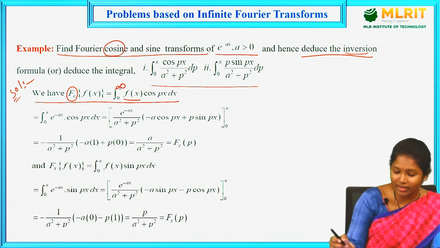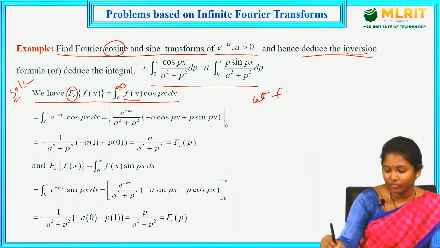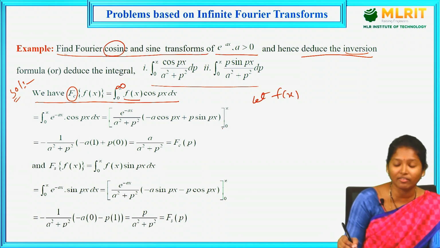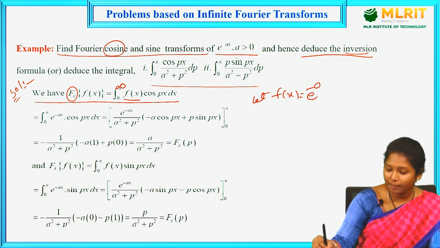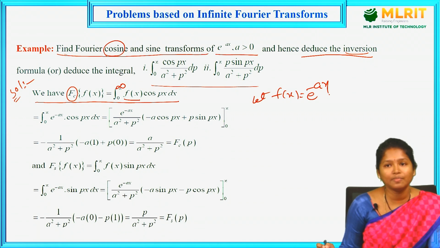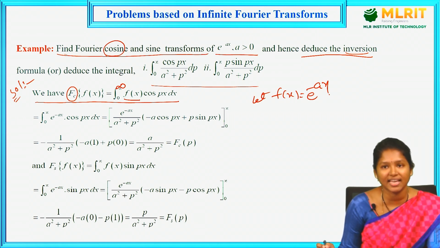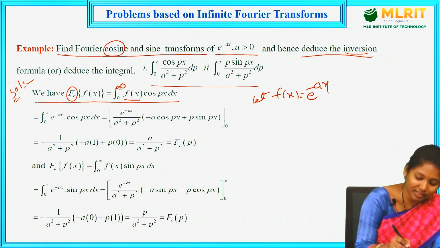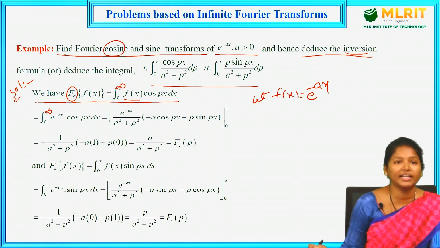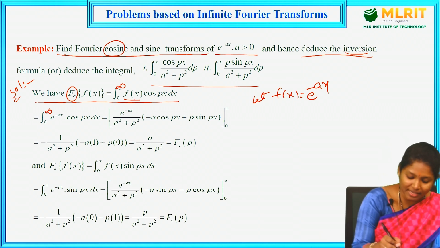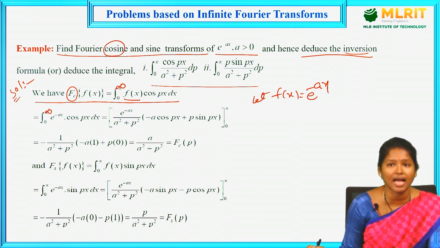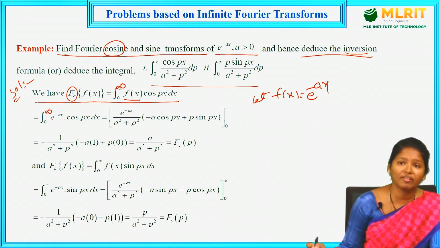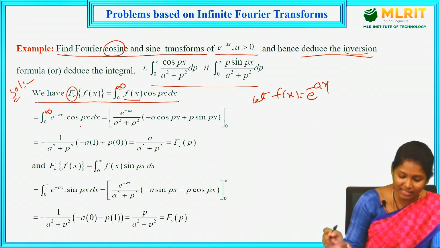Here f of x is the given function e power minus ax. I substitute e power minus ax in the formula and get integral 0 to infinity e power minus ax cos px dx.